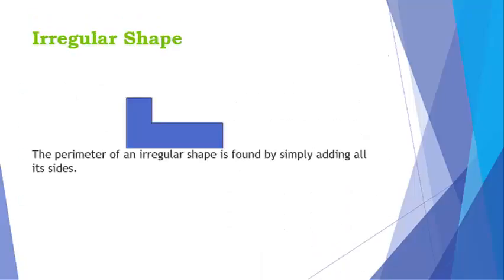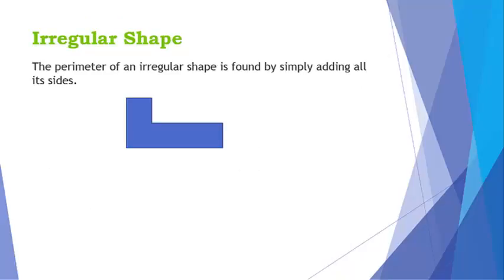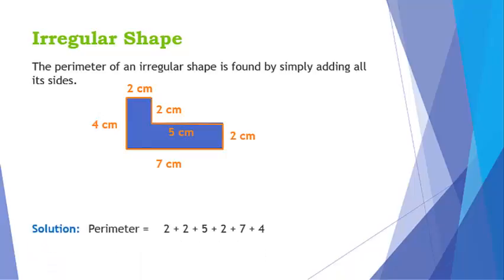Irregular shape. The perimeter of an irregular shape is found by simply adding all of its sides. We have this side, which is 2 centimeters, added to this side, which is also 2 centimeters, plus this side, which is 5 centimeters, plus this side, which is 2 centimeters, plus the bottom part, which is 7 centimeters, and we have the other side, or the last side, which is 4 centimeters.